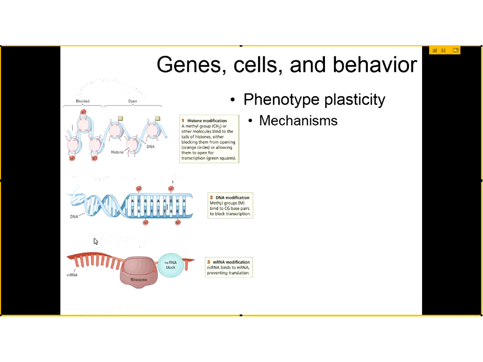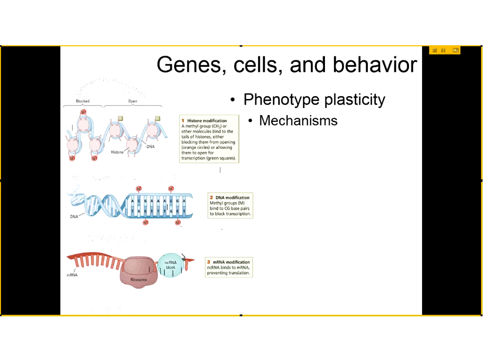So we see here that when that methyl group attaches to the DNA, now we block transcription again, turning off those proteins. So we might not make any more of those channels, or any more of those gates, or any more of those pumps.